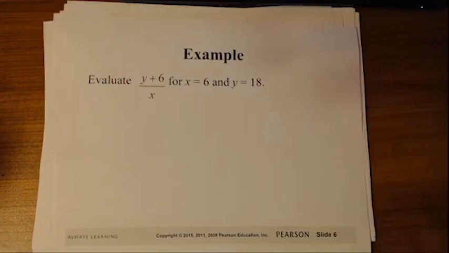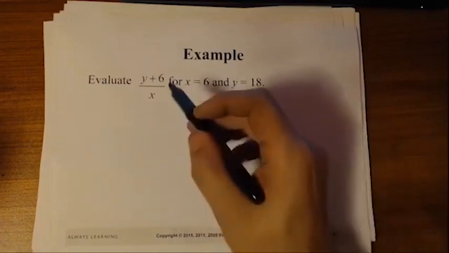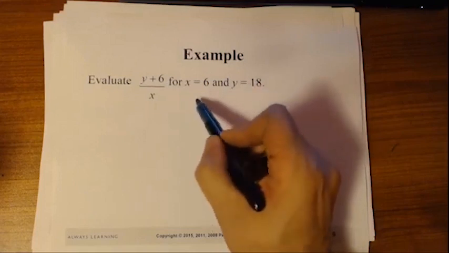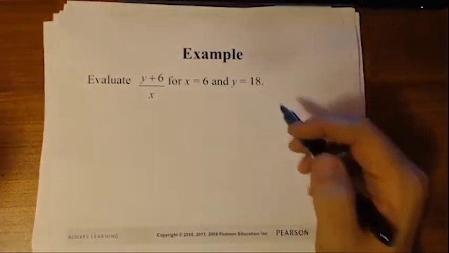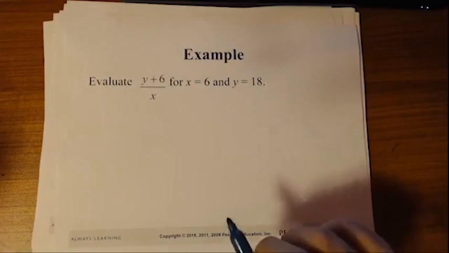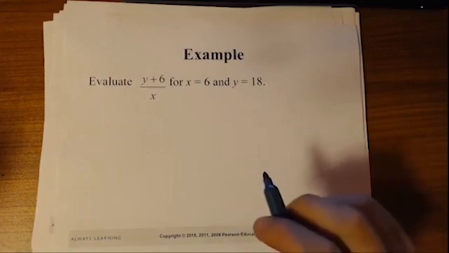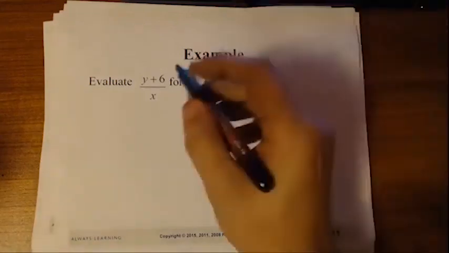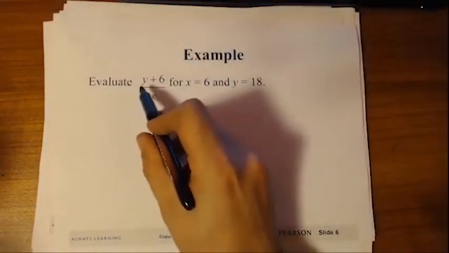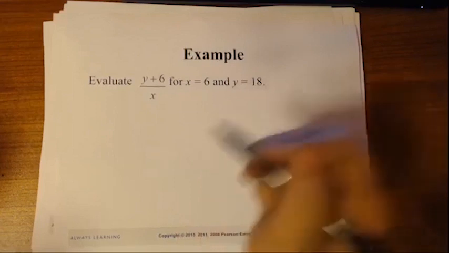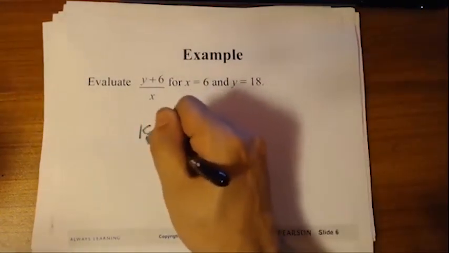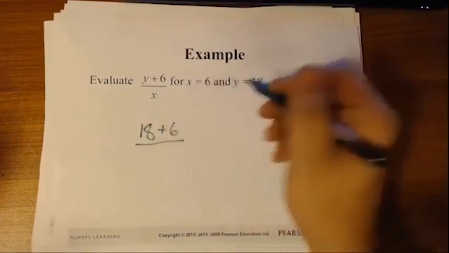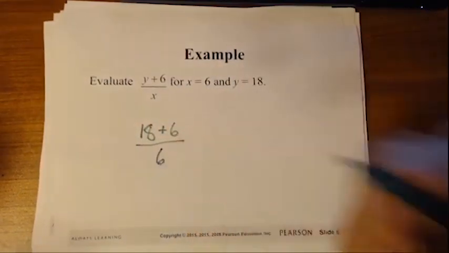Another example. Evaluate (y plus 6) over x for x equals 6 and y equals 18. Instead of y, we have 18 plus 6 all over, and instead of x, we have 6.